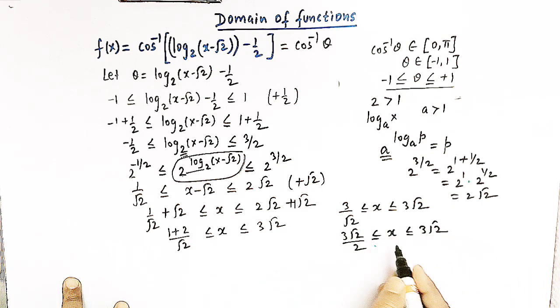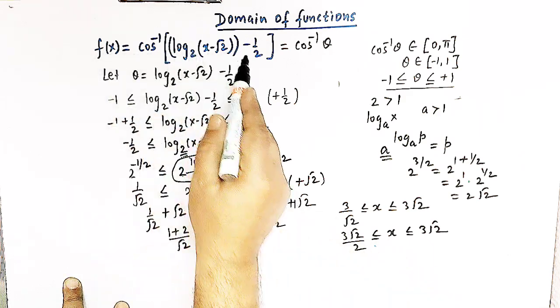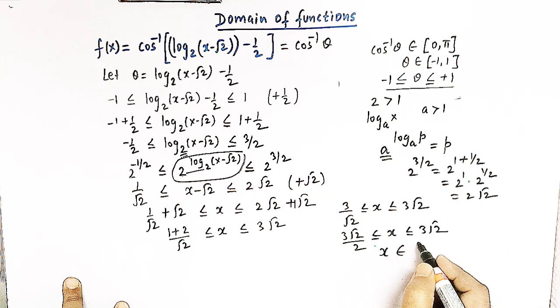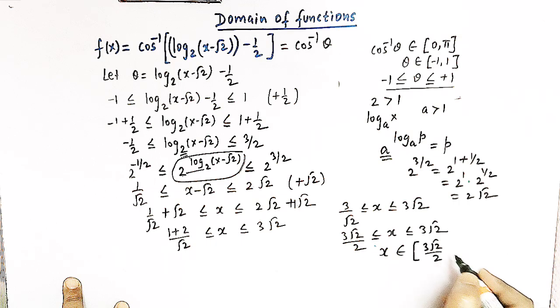So the domain of this function is given by this inequality, that is, x belonging to the interval 3 root 2 over 2 comma 3 root 2, and remember here both the extreme points are also included.